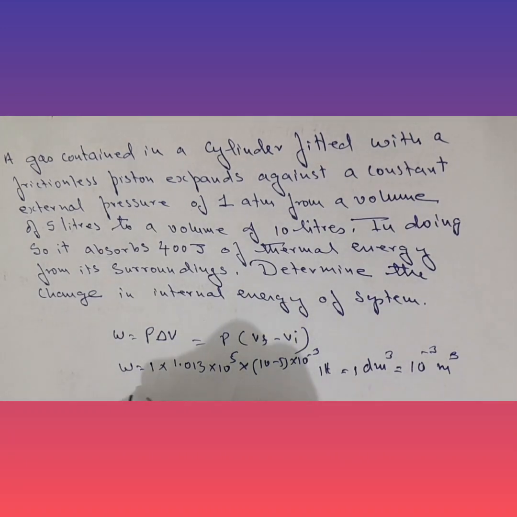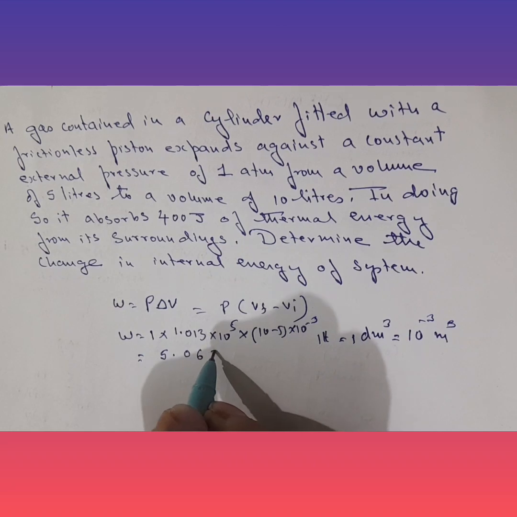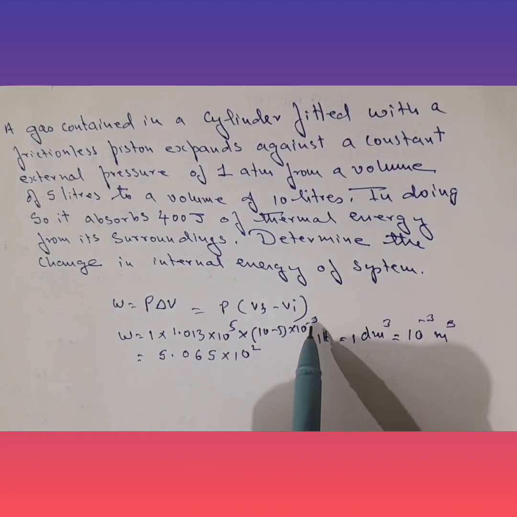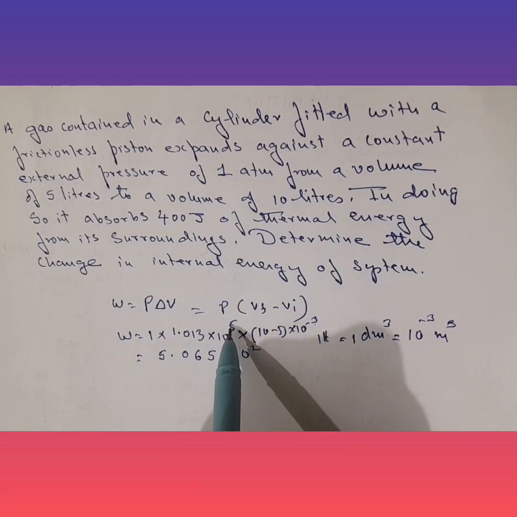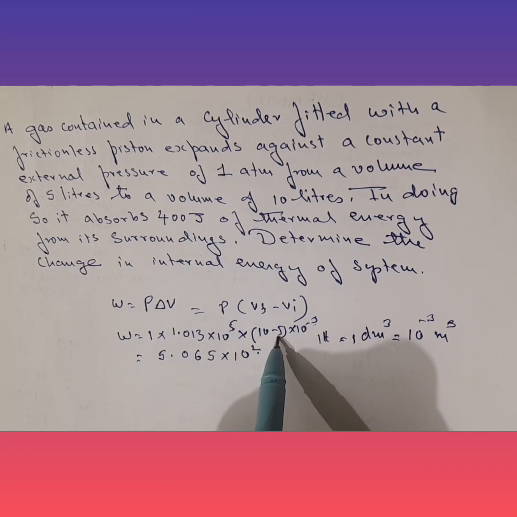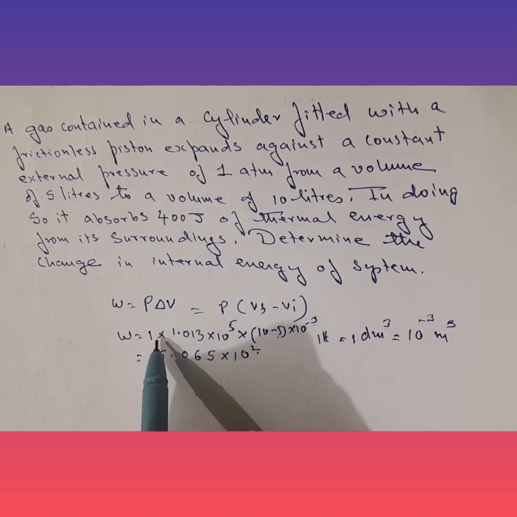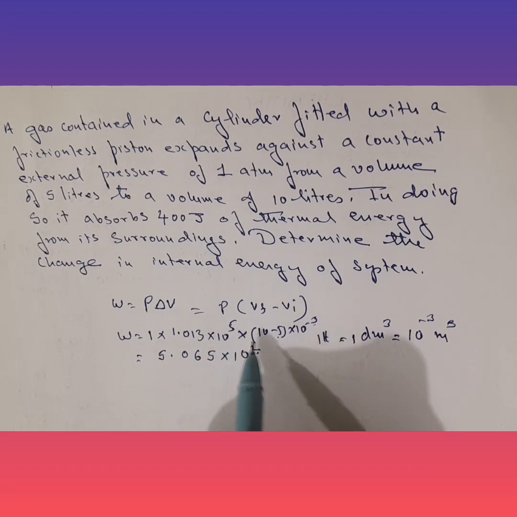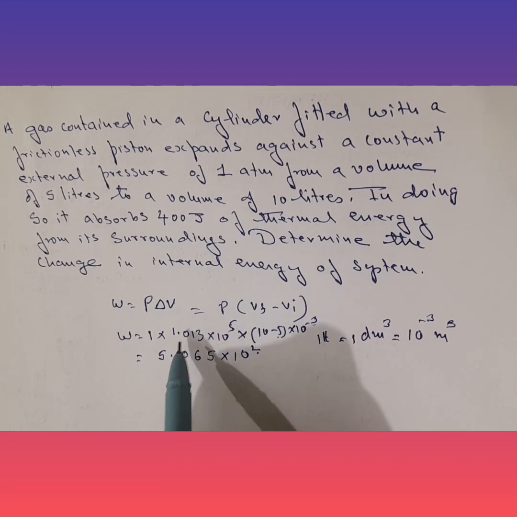So on calculation, the value that we end up with is 5.065 into 10 raised to 2 minus 3 plus 5, law of indices, 2, and just simple multiplication. Here what we end up with is 5, and this is 1013. So 3 5s are 15, 5 1s are 5, 1 carry added to that. So 6, 5 zeros are 0, 5 1s are 5.